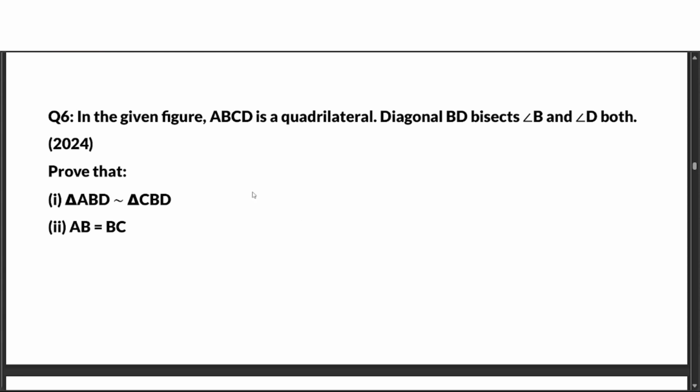Now coming to the next question of 2024. In this question it is saying, in the given figure ABCD is a quadrilateral, and the diagonal BD bisects the angles B and D both. Prove that first, triangle ABD is similar to triangle CBD.